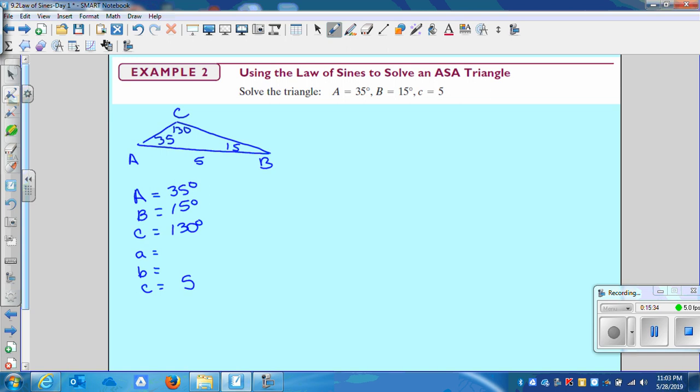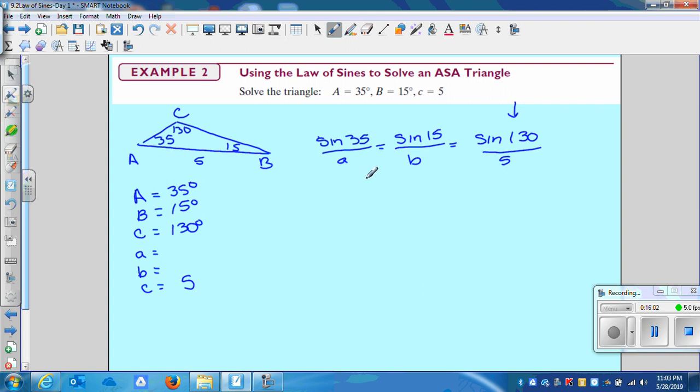So now I'm going to go ahead and write my extended proportion with all three ratios in it. So I have the sine of 35 over A equals the sine of 15 over little b equals the sine of 130 over 5. And notice the third ratio is the one that has both the numerator and denominator as physical values.